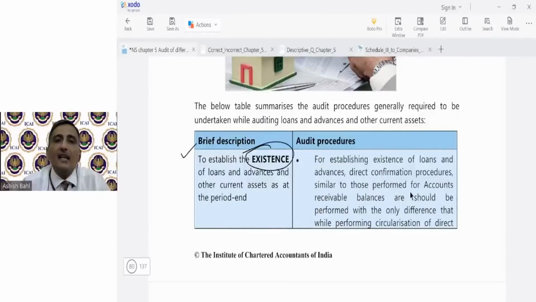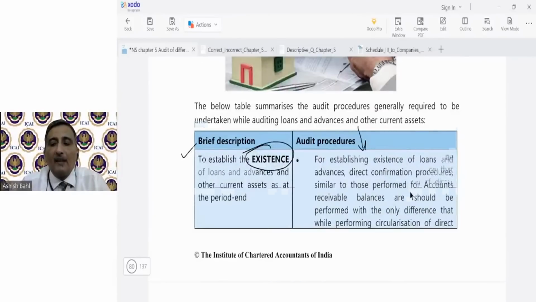Similarly, in case of loans and advances appearing in the balance sheet of the company, we need to send confirmation letters. We need to obtain confirmation regarding balances outstanding with third parties. Now such parties may be related parties, or non-related parties.